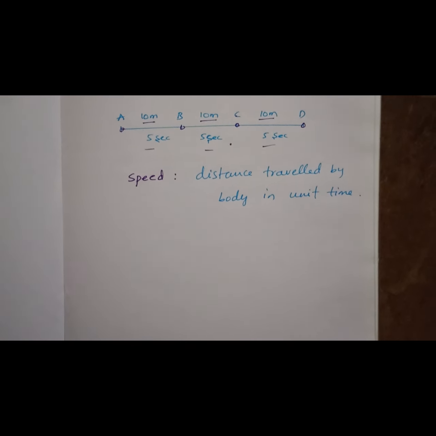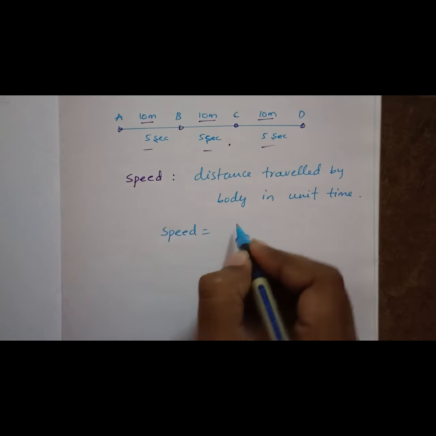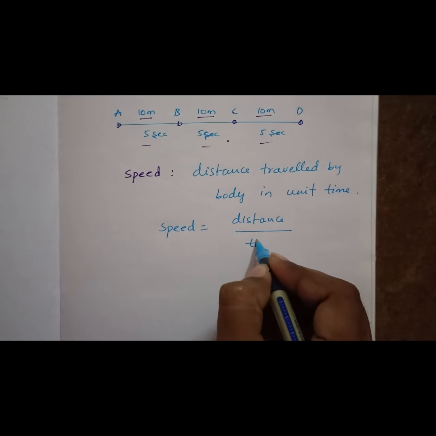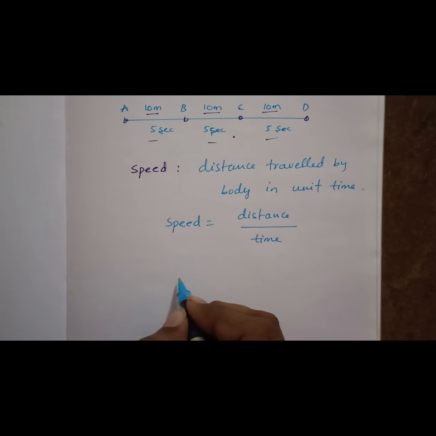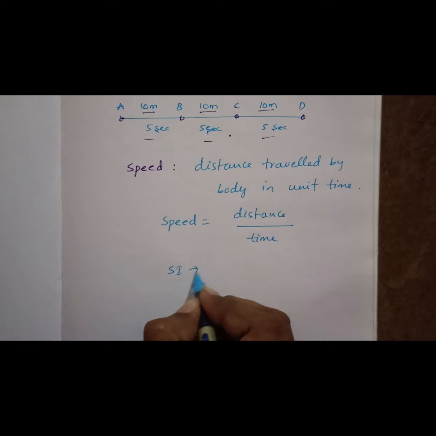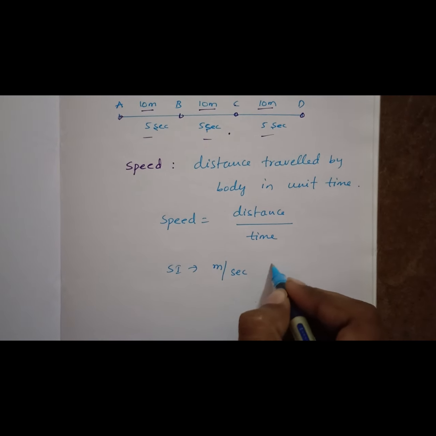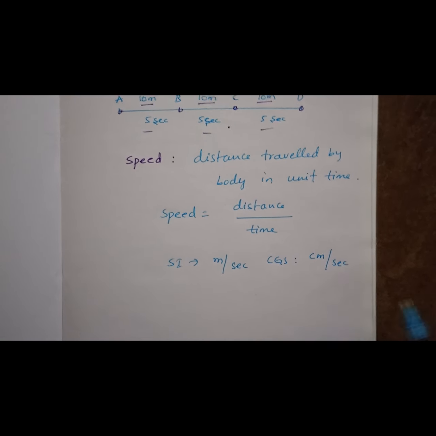Now here speed equals distance by time taken. SI unit of speed: distance unit meter, time unit second; CGS unit centimeter per second.